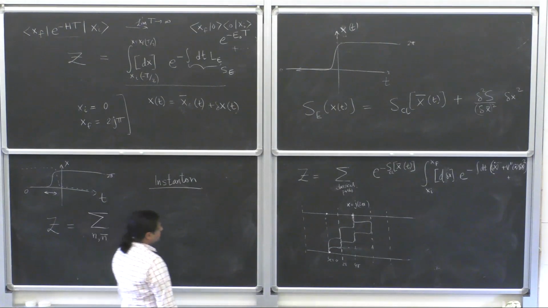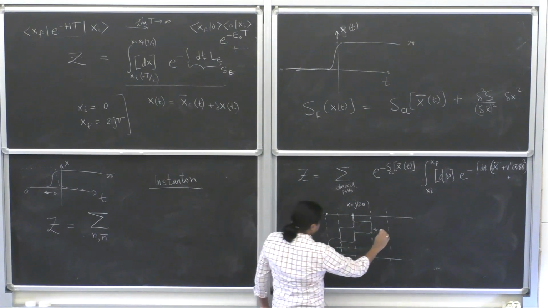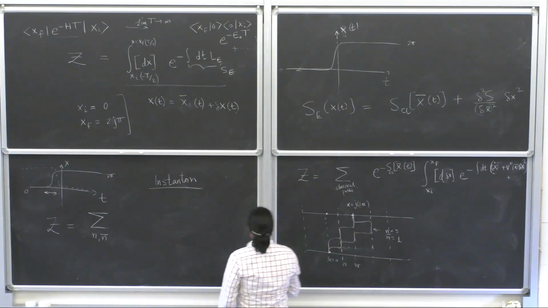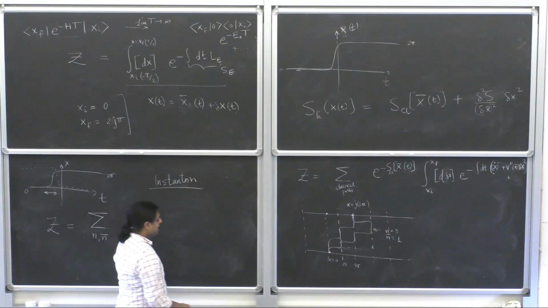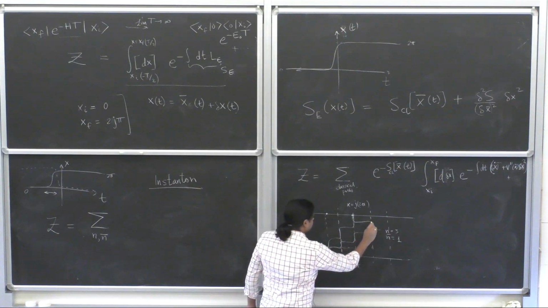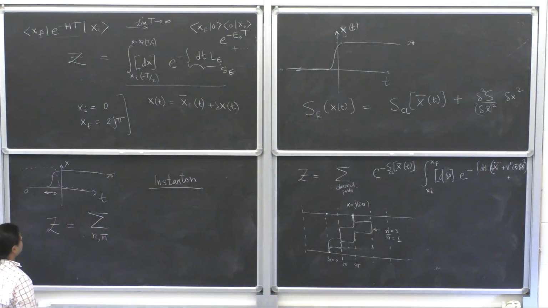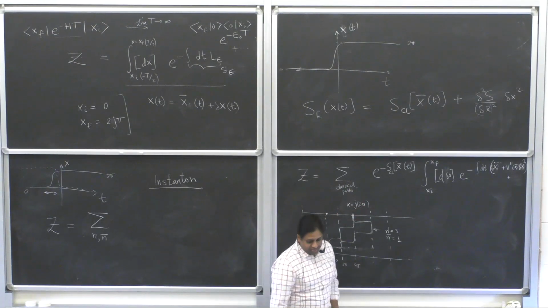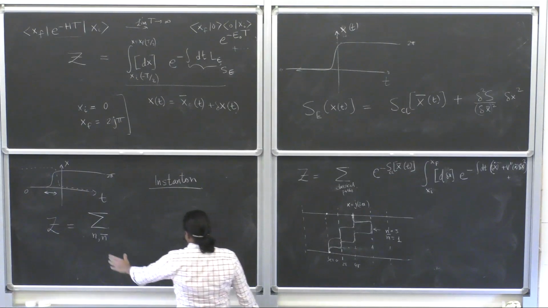So that is some path like this. This would be an n equals 3, n bar equals 1 path. And so we sum over n and n bar. Each n, n bar gives us one particular stationary point of the integral. This is a trajectory that's a solution to the Euclidean equation of motion, so it's a stationary point of the Euclidean action. And so we want to consider paths like this and fluctuations around that.